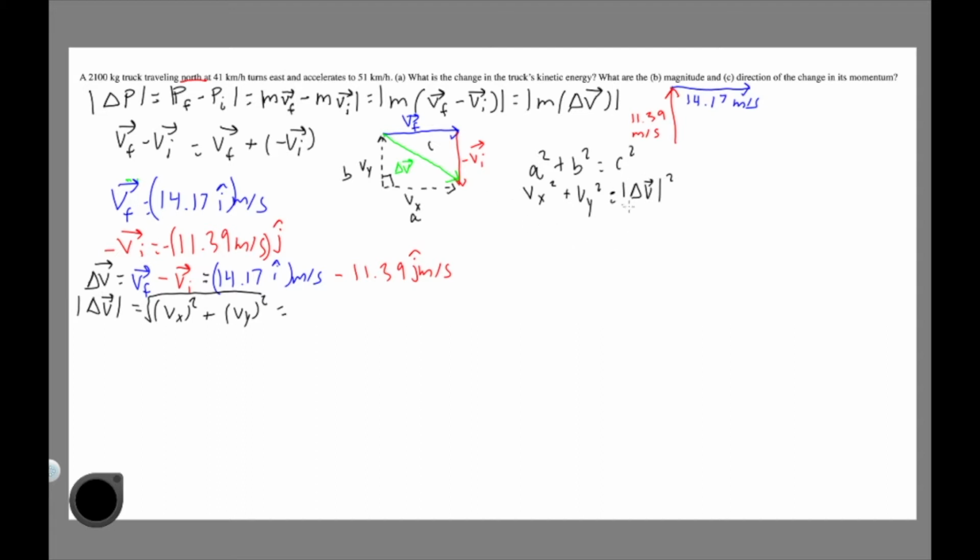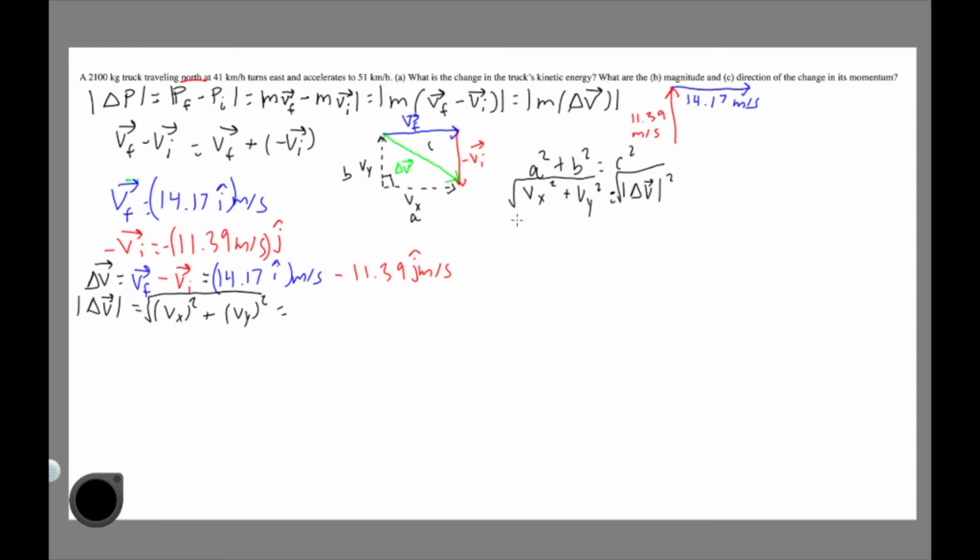So to solve for the magnitude of delta V, we can take the square root of both sides of this equation and therefore get the magnitude of delta V by itself.